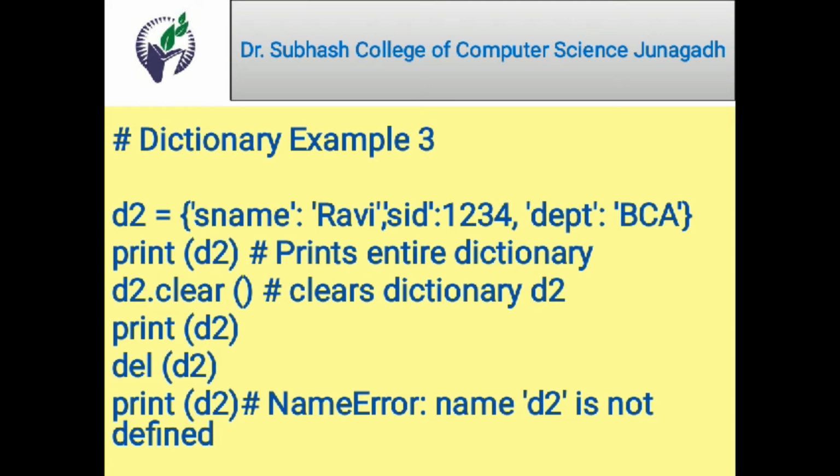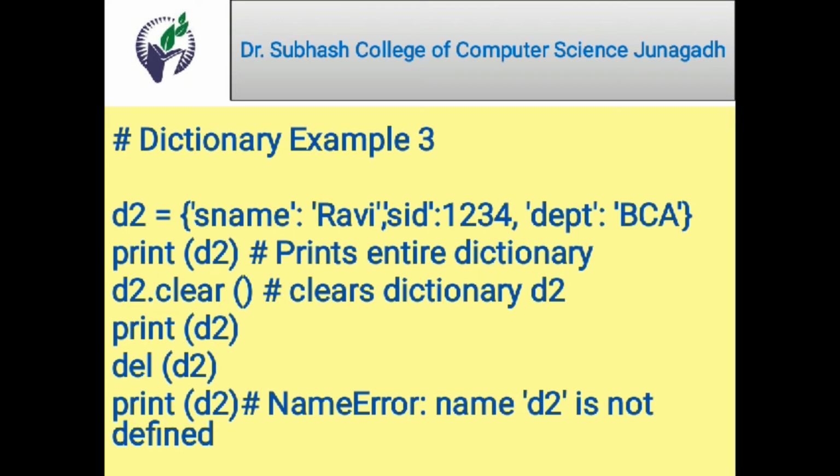So D2.clear is different from deleting a dictionary. D2.clear will clear all the elements from this dictionary and make the dictionary empty, while del D2 will remove this object from memory and it is no longer available to perform any operation on D2.